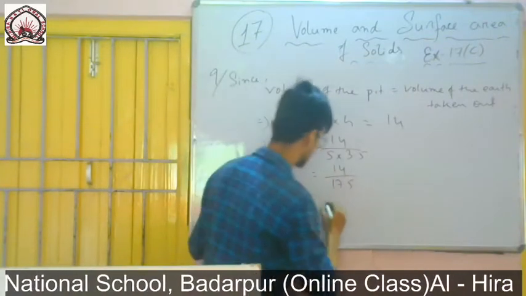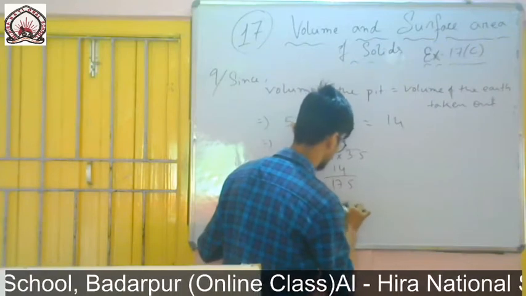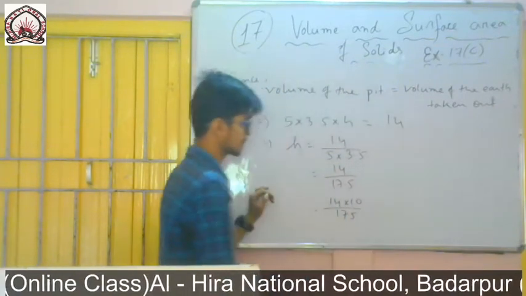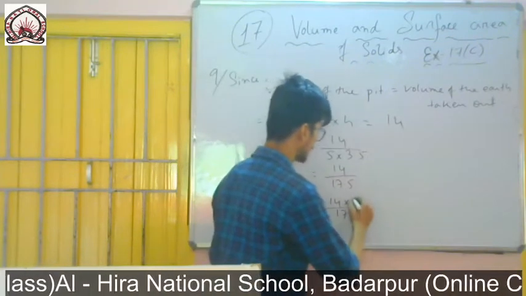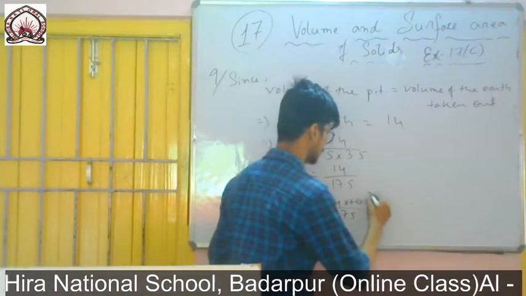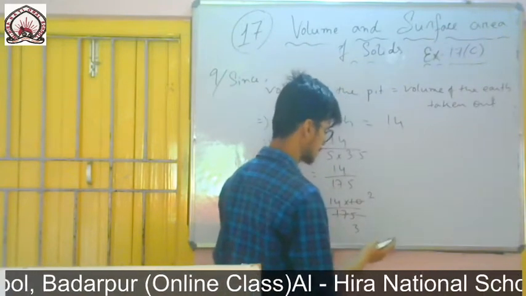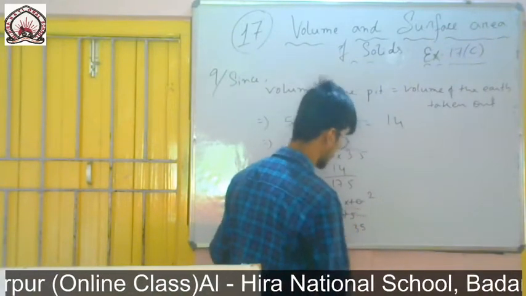So now you remove the decimal, it will be here 14 into 10, and there 175. With 5 if I cancel this one, 5 2s are 10, 5 3s are 15, 5 5s are 25.